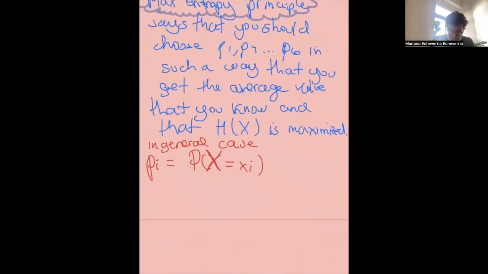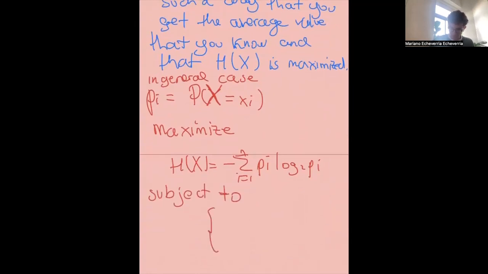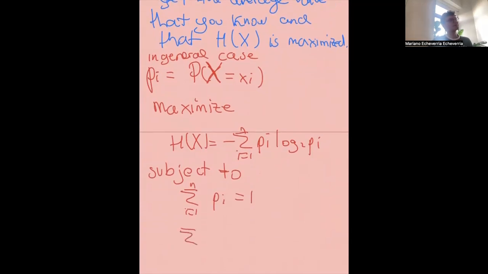What we want to do is maximize the entropy of X, which is minus the sum from i equals 1 to n of Pi log base 2 of Pi, subject to two things. The sum of the probabilities should be equal to 1, that's the same as before. And now the average is known.